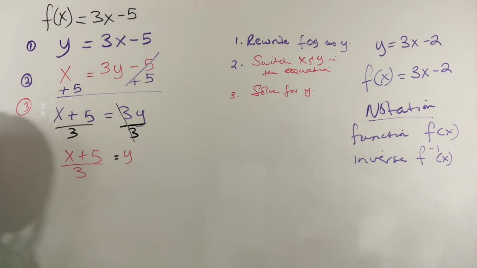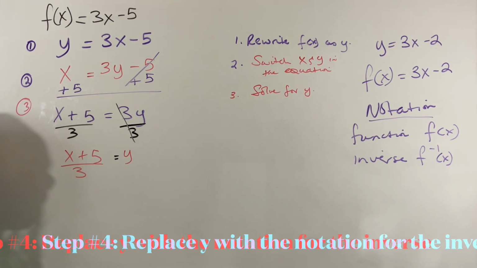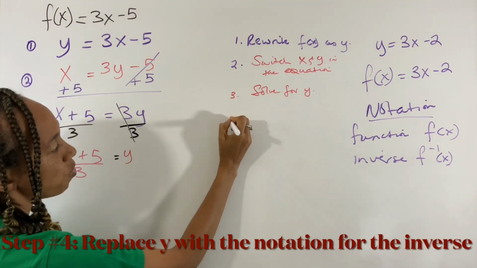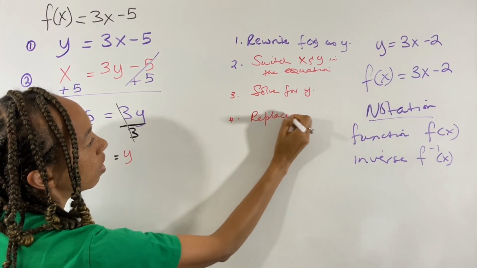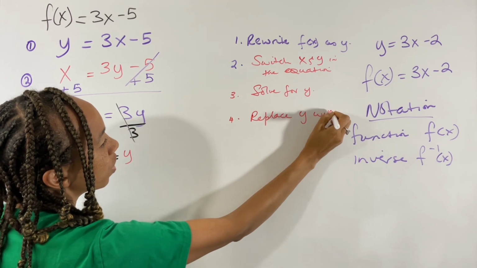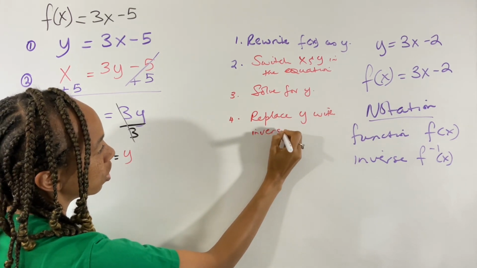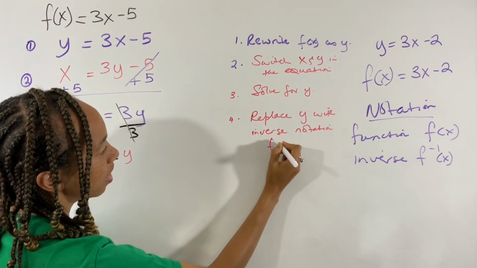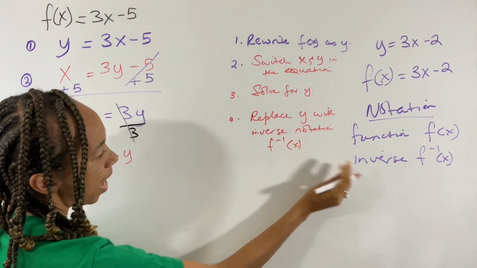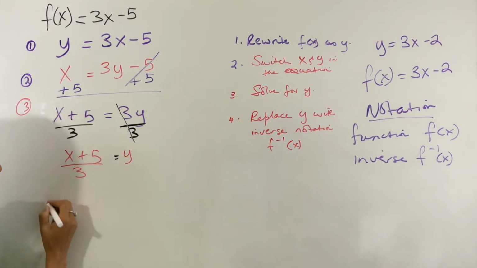Now we're not finished. We did solve for y, yes, but there's a 4th step. The 4th step is that we are going to now replace y with the inverse notation. That is step number 4. And that inverse notation, as I told you before, is f to the negative 1 of x.